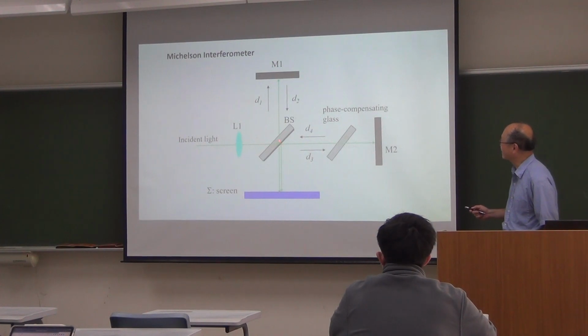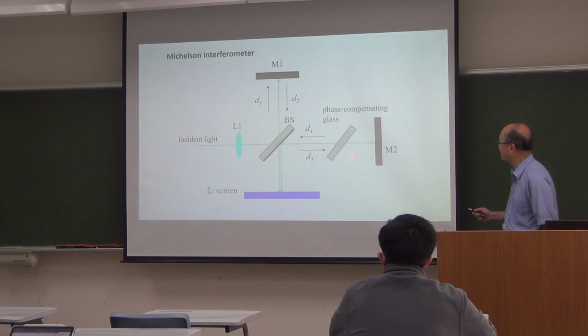But if you look at this path, well, it enters the material once, and for this path, the path is common. But for this path, it goes up and comes down. So it repeats the propagation of the ray in this material twice.